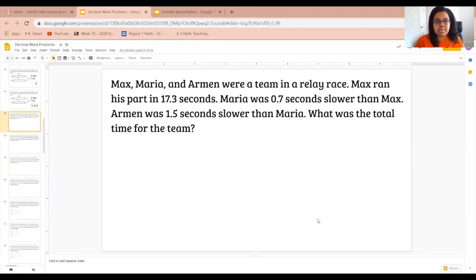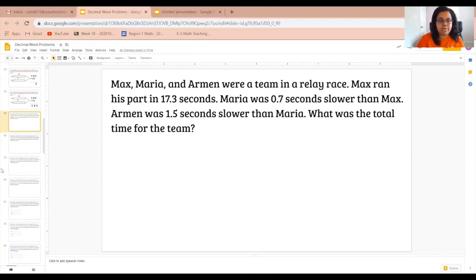It reads, Max, Maria, and Armin were a team in a relay race. Max ran his part in 17 3/10 seconds. Maria was 7/10 slower than Max. Armin was 1 5/10 seconds slower than Maria. What was the total time for the team?